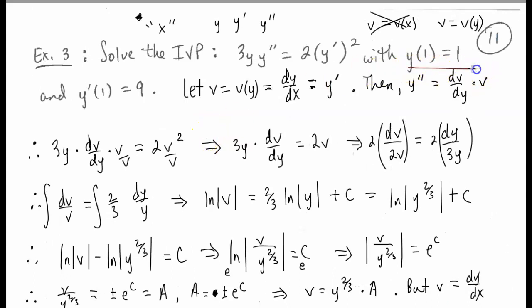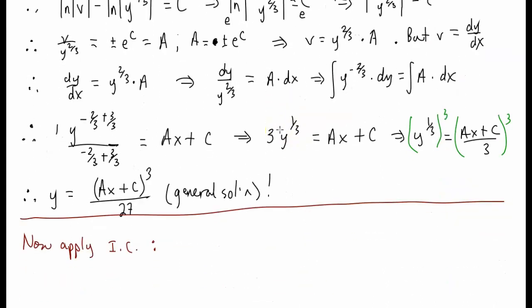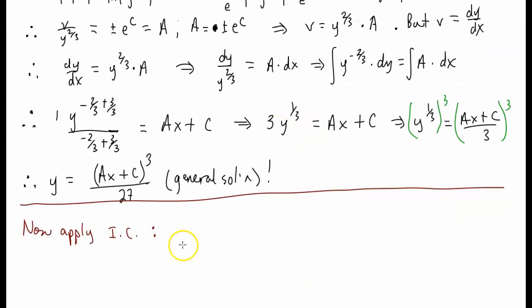Yep. So this is our first one. When x is 1, y is 1. So here we have when x is 1, y is 1. And that would imply here y of 1.